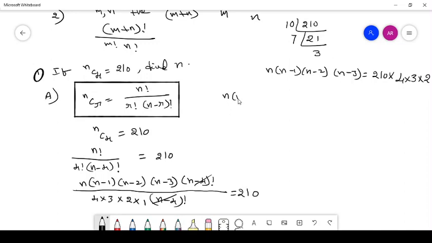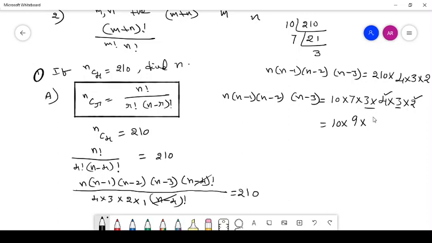So 210 can be written as 10 into 7 into 3 into 4 into 3 into 2. Here these are the product of 4 consecutive integers. So 10 into 3 3s are 9 into 4 2s are 8 into the remaining value 7. So 10 into 9 into 8 into 7 is the product of 4 consecutive integers.